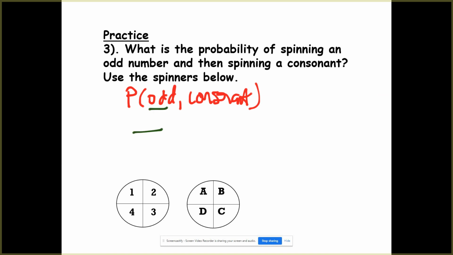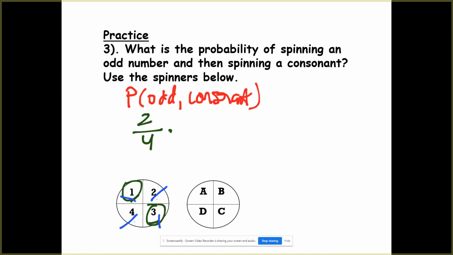So how many desired outcomes of odd are there? Well, 1 is odd, 2 is even, 4 is even, and 3 is odd. So we got 2 desired outcomes of odd. How many total outcomes are there? Well, there's 1, 2, 3, 4 total. And so the probability of getting odd is 2 out of 4, which we can simplify to 1/2.